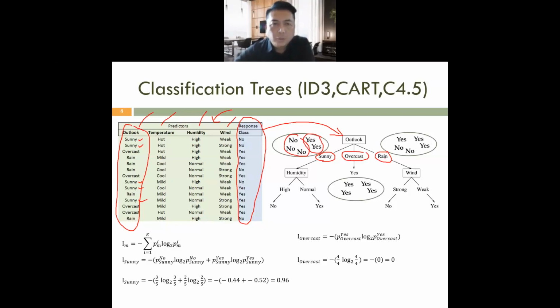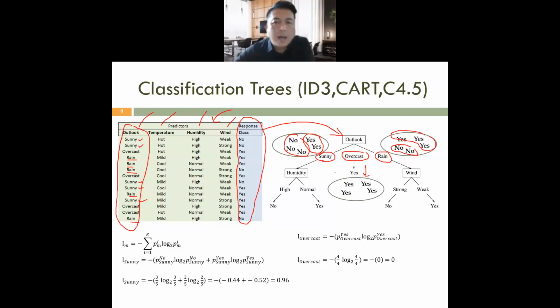Similar to the rain, if we pick rain, we have 3 yeses and 2 nos. For the overcast, we have 4 yeses.